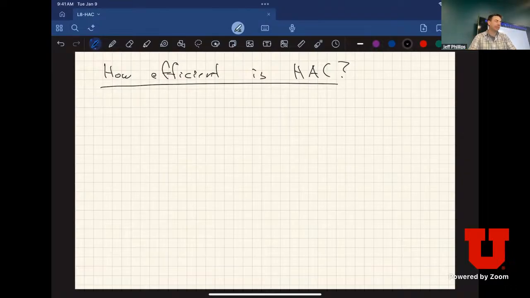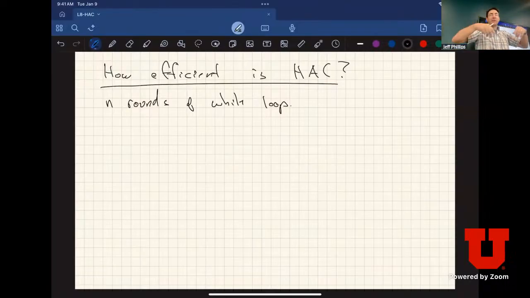I have n points, and if I want to build a whole hierarchy, or I stop when there are a constant number, either way, I have basically n rounds of the while loop. Each time I merge a pair of clusters, I have to do that n minus 1 times. So I basically have a linear number of rounds that I have to do the while loop.